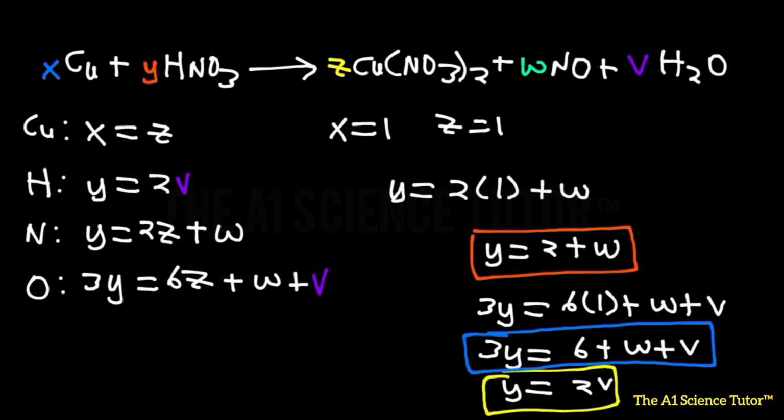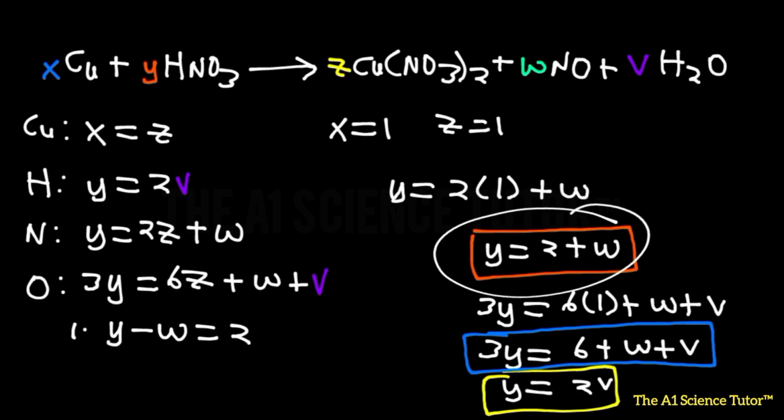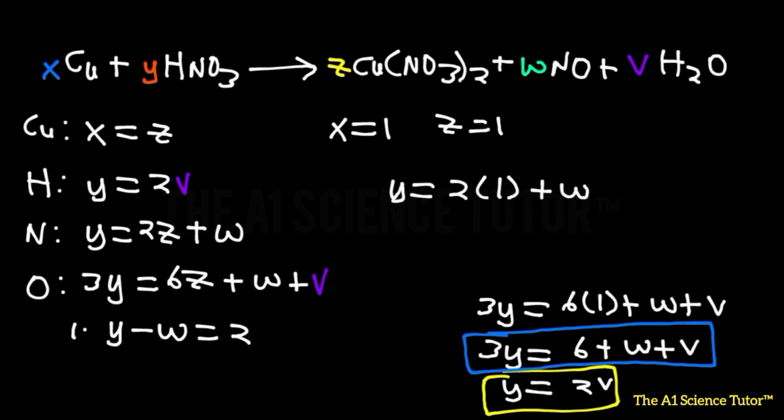You just need to build a simultaneous equation to do that. So I'll just do that right away. So let's just rearrange it. So for the first equation, we have Y minus W is equal to 2. That is for this one, right?